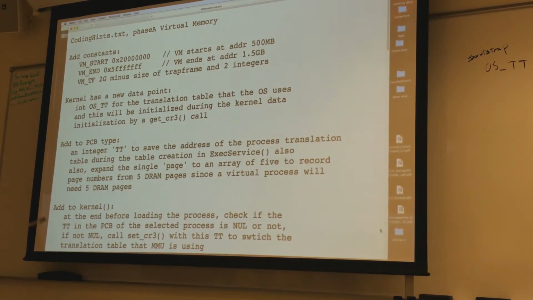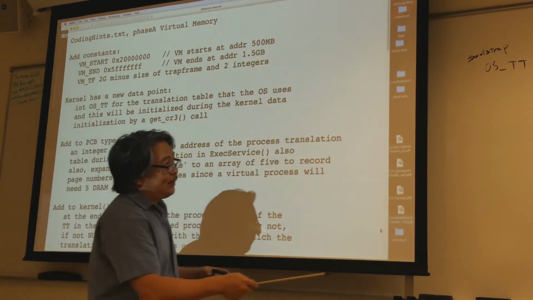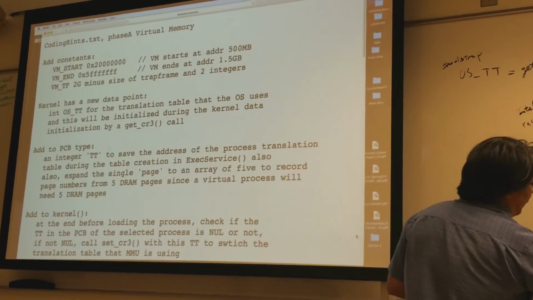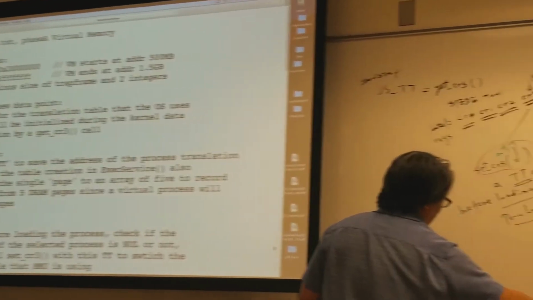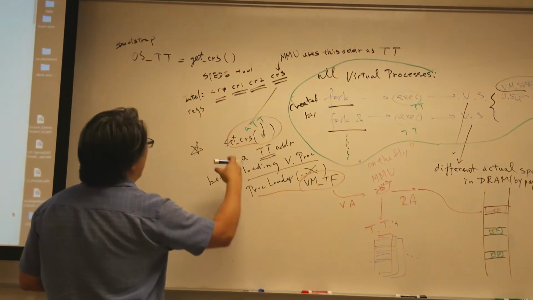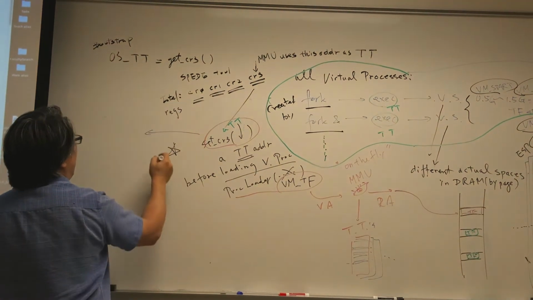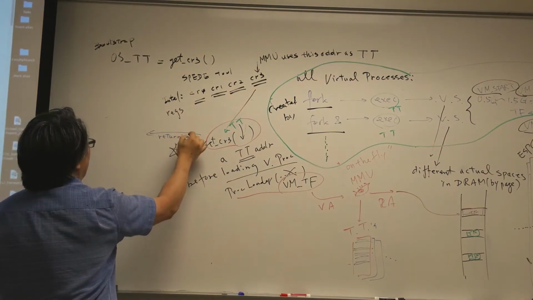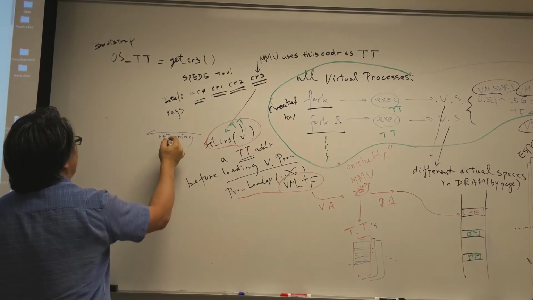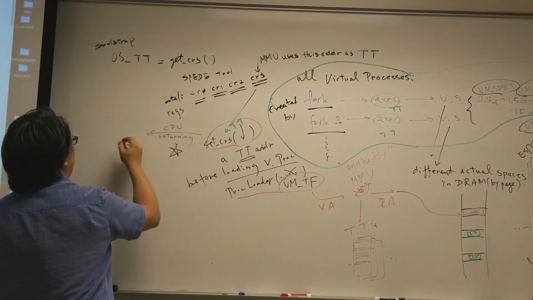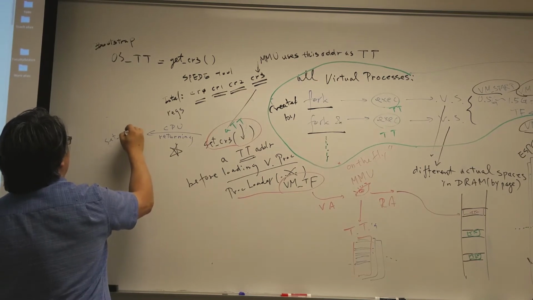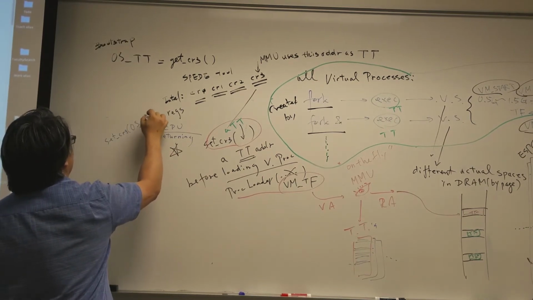So we're going to switch it back. Okay, so you can see the set CR3 to a virtual running space translation table is going to come back, okay, returning. The runtime of the CPU returning to the actual space is the set CR3 to the OSTT.